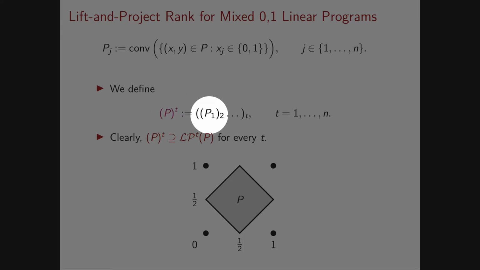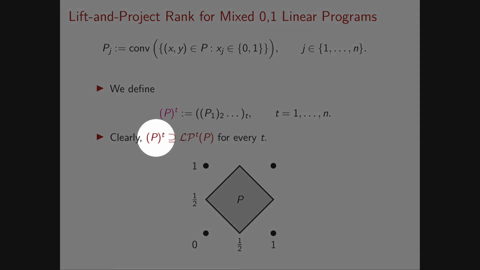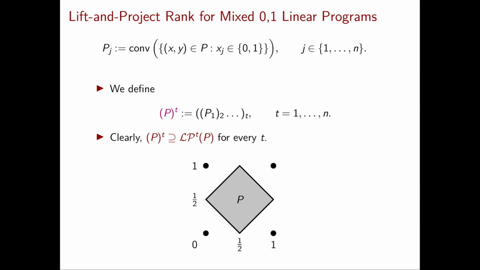First, we convexify P with respect to the index 1. Next, in what we obtain, we convexify again, but now with respect to the index 2, and so on and so forth recursively until we convexify with respect to the index t.